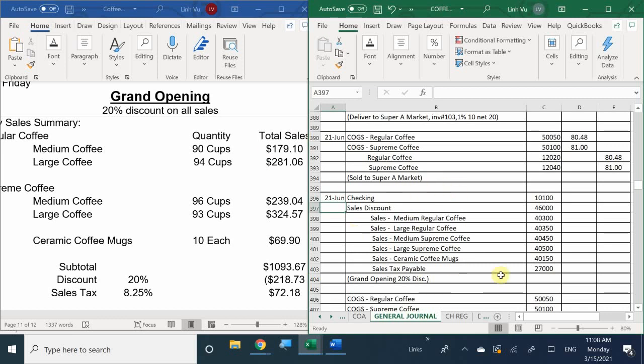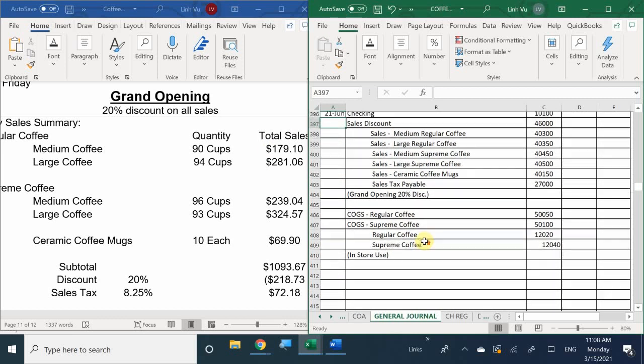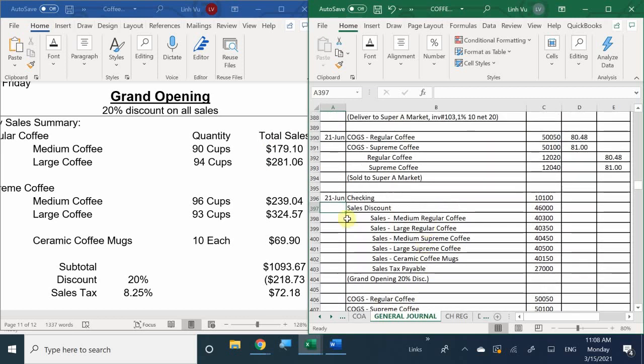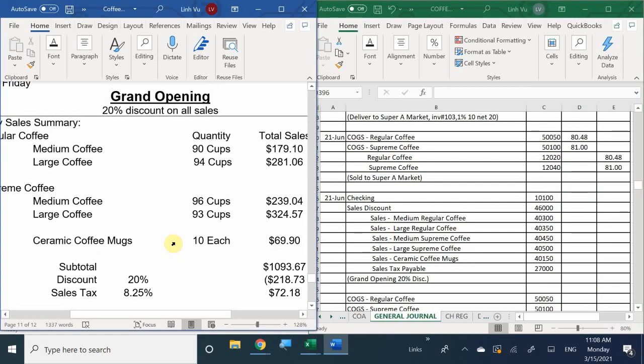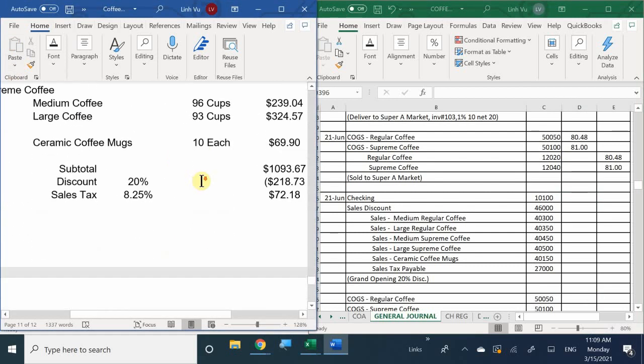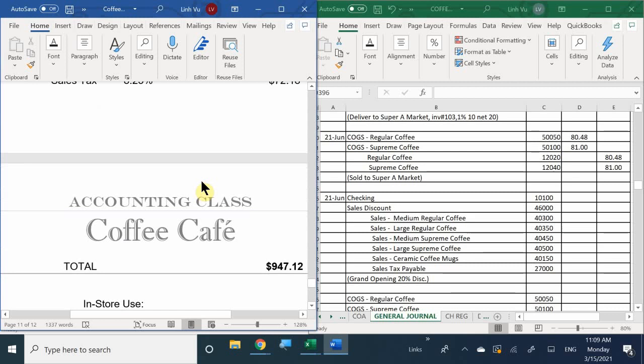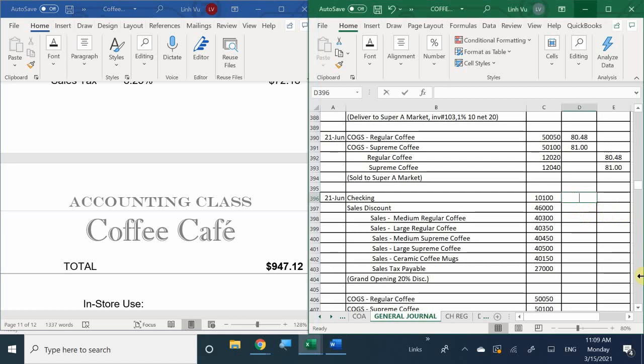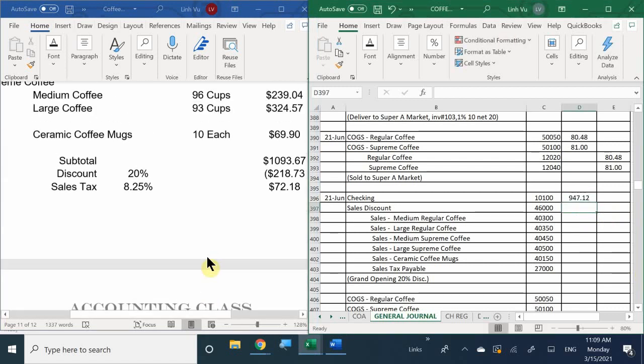Okay, so we have another store, in-store sales, right? So how much money did we receive? 9,471.2. Good. 9,471.2. How much was the discount for?